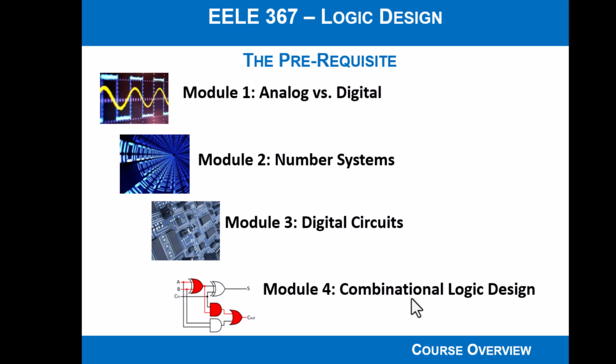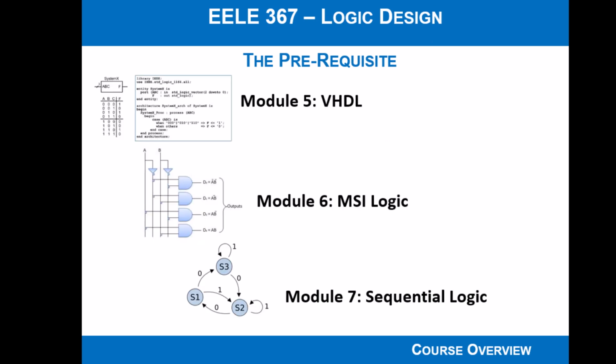of stuff. Then we looked at combinational logic design, and this is where we took arbitrary descriptions of a logic circuit's functionality, like a truth table or min-term list, max-term list, and we created or synthesized a gate level schematic. So this is your sum of products, product of sums. And we even looked at minimization using K-maps or Karnaugh maps, but that was a very paper and pencil way to do it.